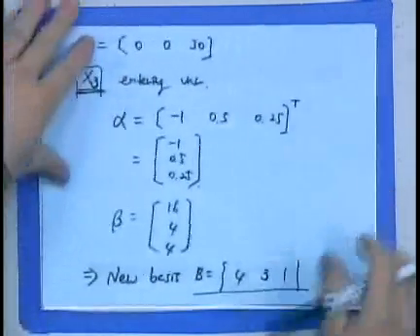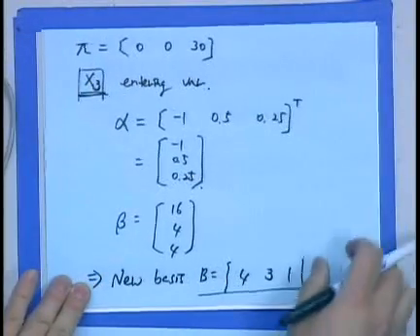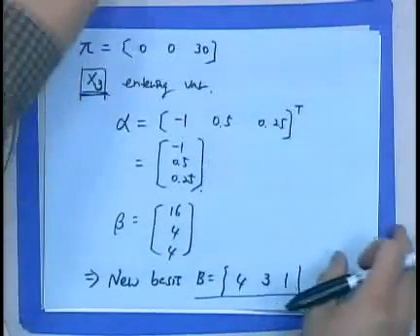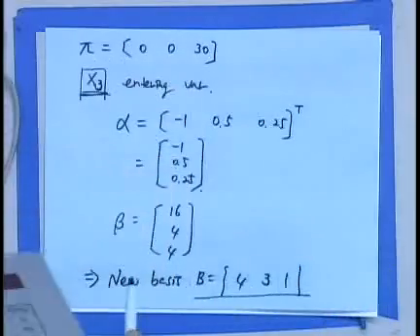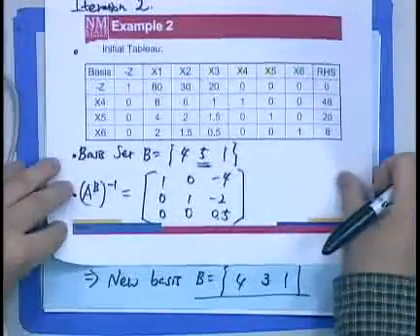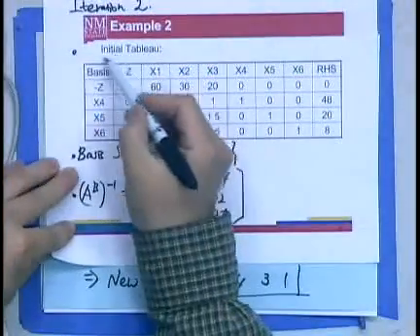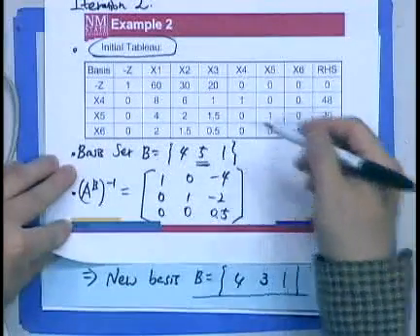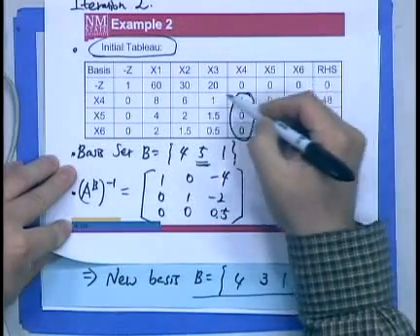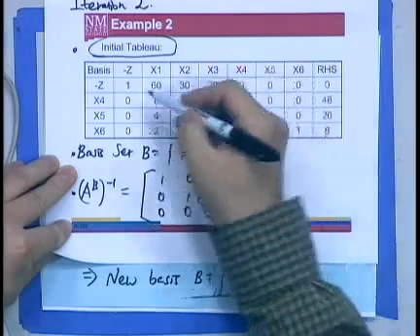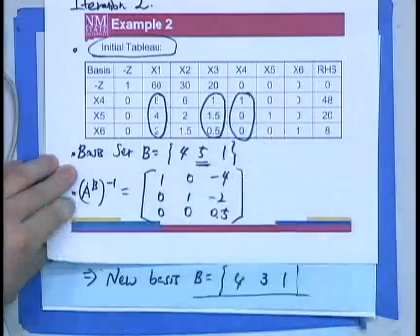And because the new basis is 431, the new basis matrix becomes, using the original table, 4, 3, 1, right?